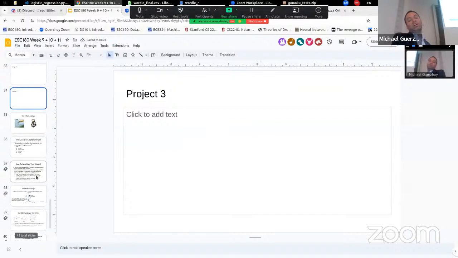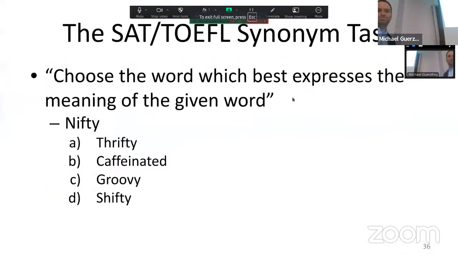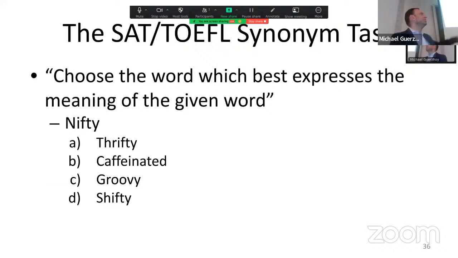I want to talk about project 3 in general now, and we'll then go back to complexity. So project 3 is about word embeddings. Here's the motivation. This is the kind of test that maybe many of you had to write, like the TOEFL, or other standardized tests as well.